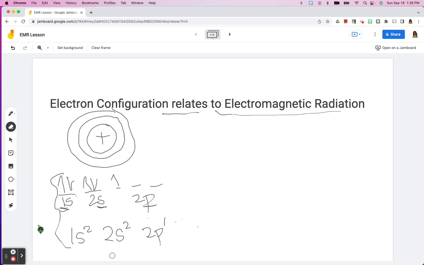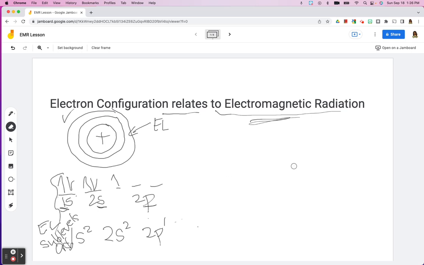They tell energy levels and sub levels or orbitals. Okay? Whereas the Bohr's model just gets directly into energy levels only. So we are going to focus on Bohr's model today to help our understanding of electromagnetic radiation.